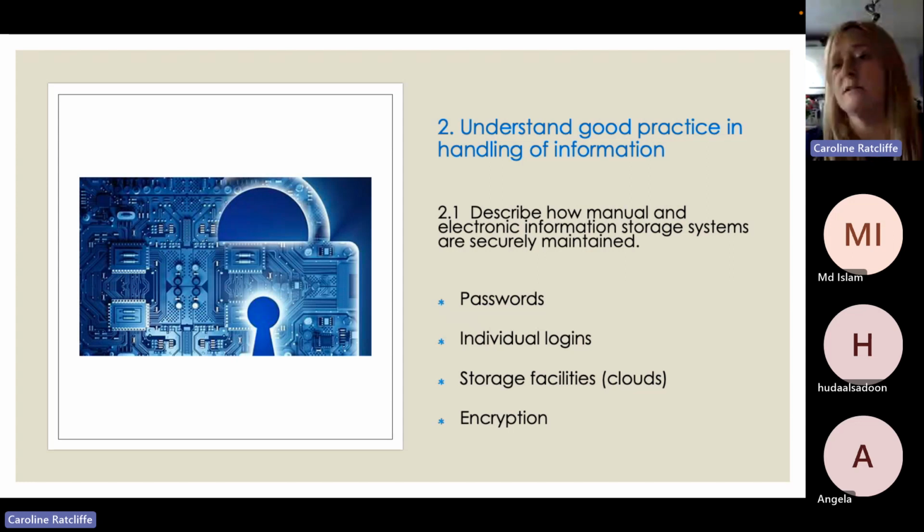The other way to keep data securely maintained is storage facilities, so cloud. It should be an off-site facility. That's why they're often up in the clouds, where it gets its name from. Things like Apple do tend to have, if you've got your iCloud, the idea is that if you log into another device, you are then able to download your pictures, your contacts, whatever it is that you might need.